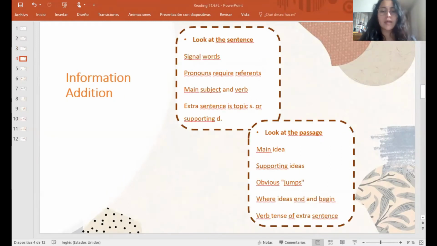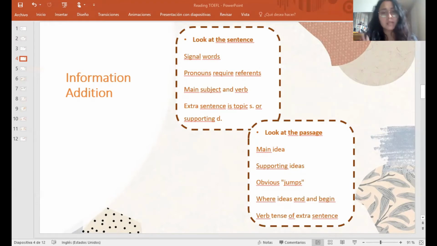Information addition. These questions require you to add a sentence to a paragraph in the most appropriate of 4 locations. To complete this type of question, there are 2 steps. First, look at the sentence and see if it contains any signal word like first, also, but, or any pronoun that requires reference, and also look for the main subject and verb and establish the topic sentence and supporting ideas.